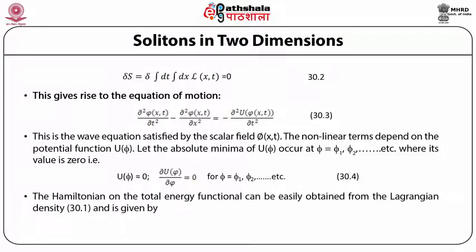The Hamiltonian or the total energy functional can be easily obtained from the Lagrangian density and is given by E of phi is equal to the integral from minus infinity to infinity dx, within the curly brackets, 1 by 2 (del phi by del t) whole square plus 1 by 2 (del phi by del x) whole square plus U of phi.